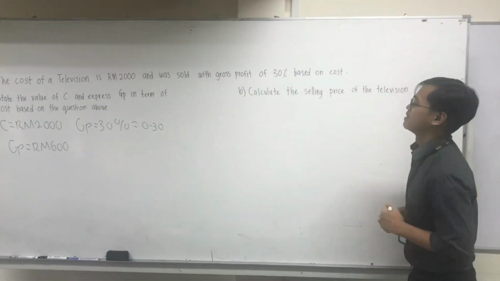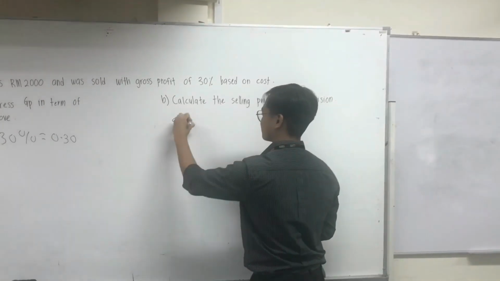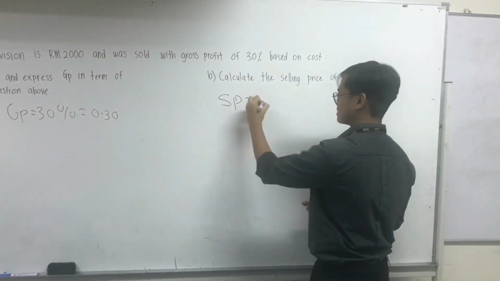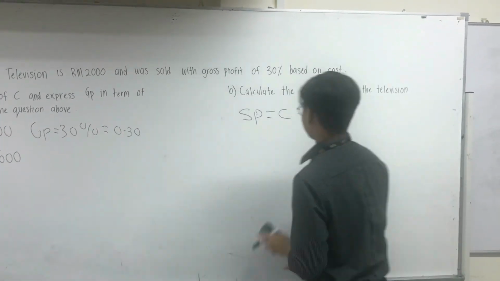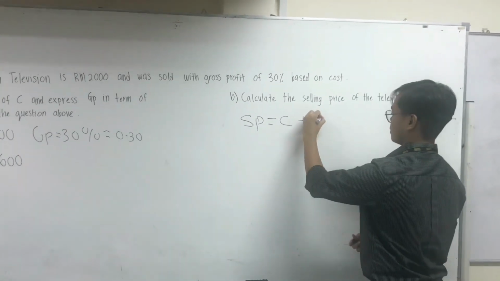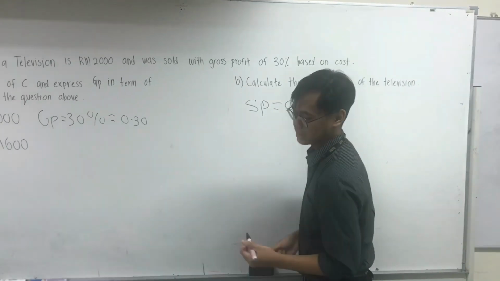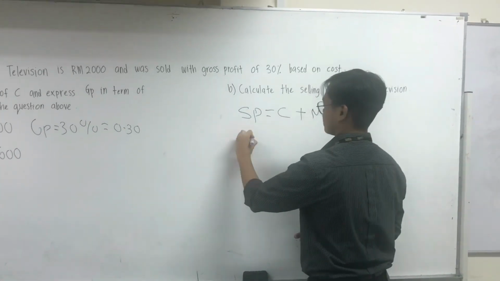Now we have to solve question B. They have the formula SP equals C plus M. Now we have to calculate.